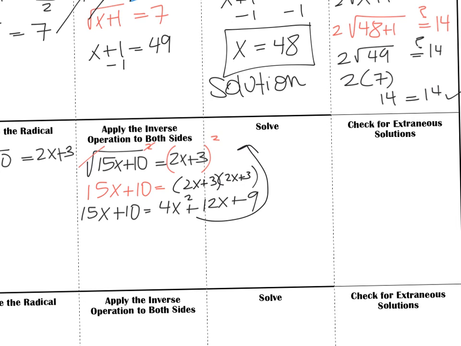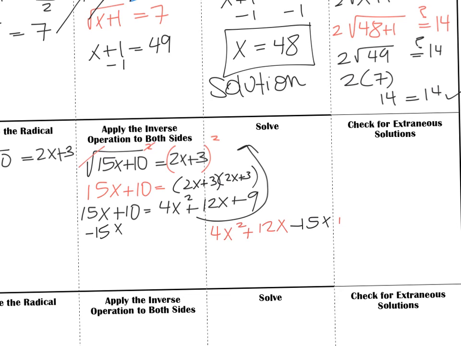So you need to move everything to one side of the equation, set it equal to 0 so you can actually solve. How do you do that? Move the 15x to the other side and move 10 to the other side. So let's do that. So 12x, move 15x by subtracting it from both sides, okay?